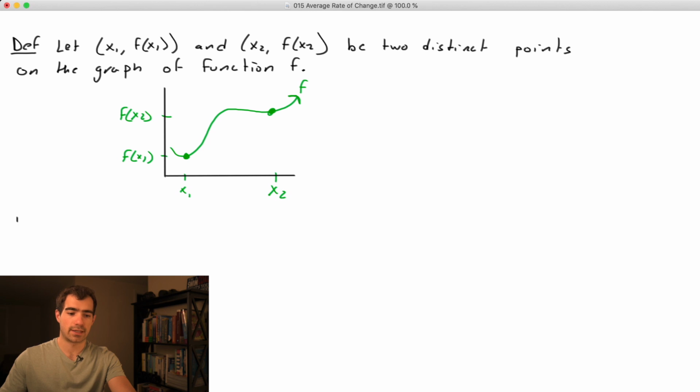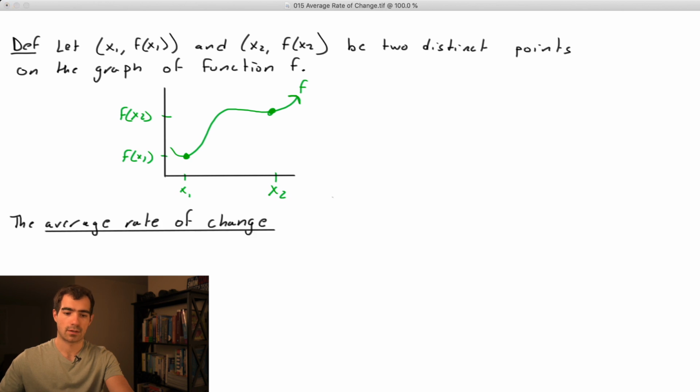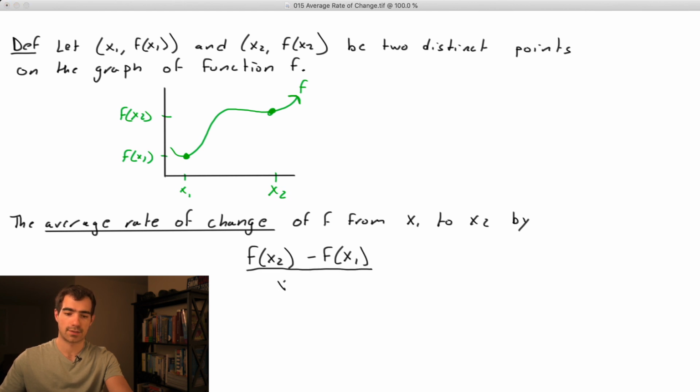We can define the average rate of change of our function f from the initial point x1 to the new point x2 by the expression f of x2 minus f of x1, divided by x2 minus x1.